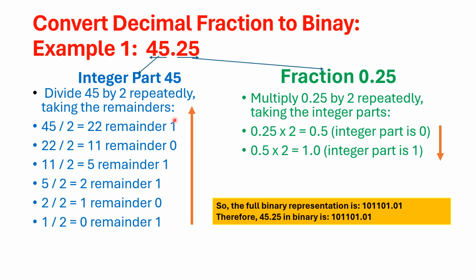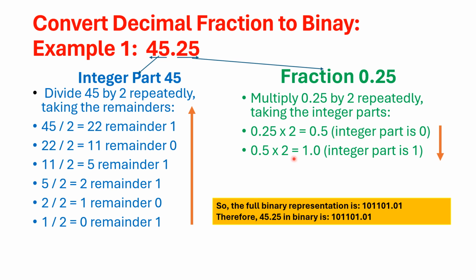Now we will perform the conversion of a decimal fraction, which is 0.25, into a binary fraction. It is opposite to the integer part. In the integer part we divide, in the fraction part we multiply. So here, calculating the product of 0.25 by 2, the outcome is 0.5, and the integer part is 0.